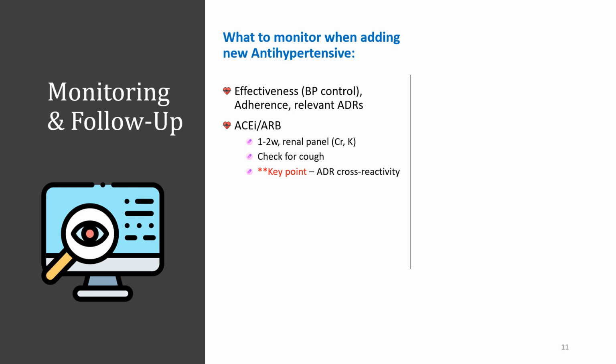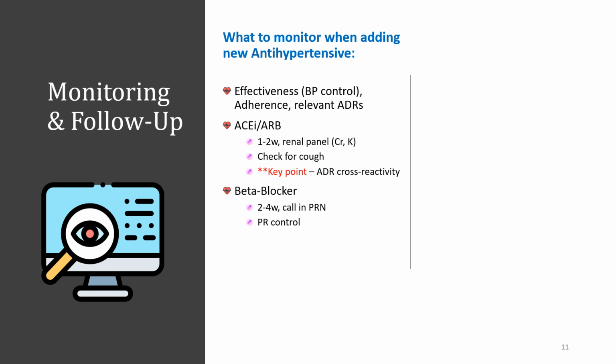Although it is less likely to occur with ARBs, it can still occur and is known to be a cross-reactive issue with the two classes. So the only thing that does not have any cross-reactivity is really cough. And so essentially, I think the only situation in which you would switch an ACE to an ARB is when someone develops a cough to ACE. And this will become more relevant when we are talking about heart failure later on.